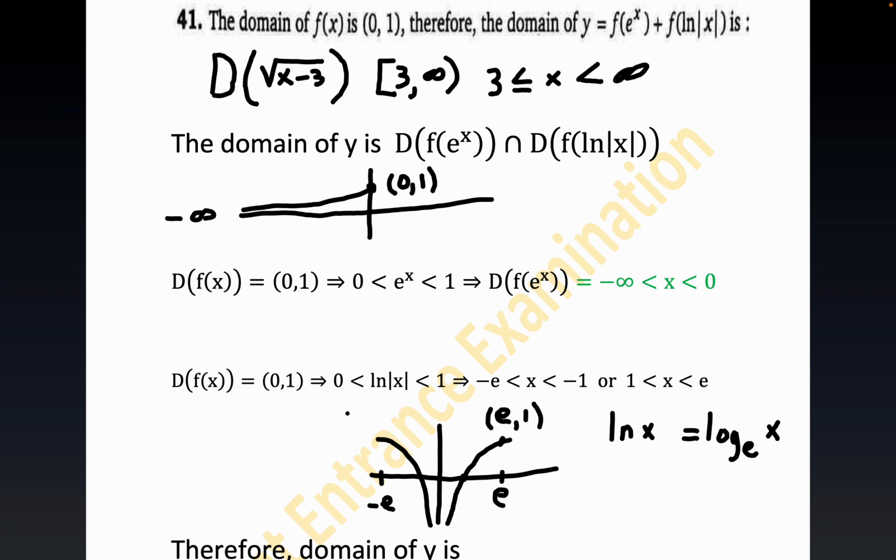All right, let me, I left out some stuff here. This point right here would be (minus e, 1). You'll notice this is kind of an interesting thing.